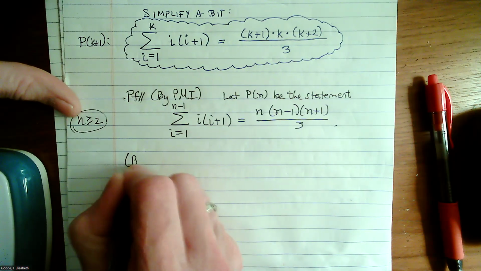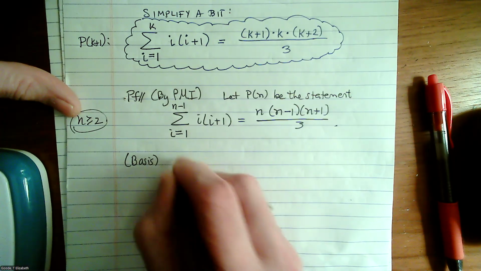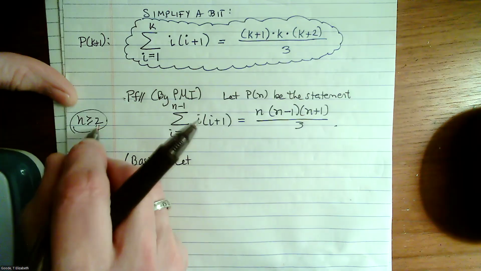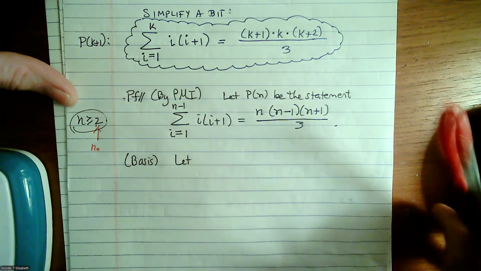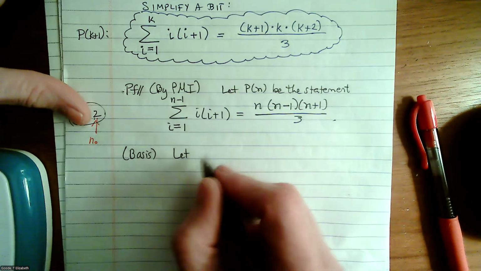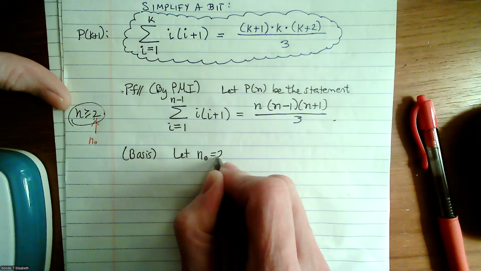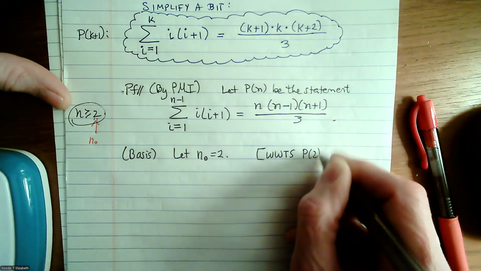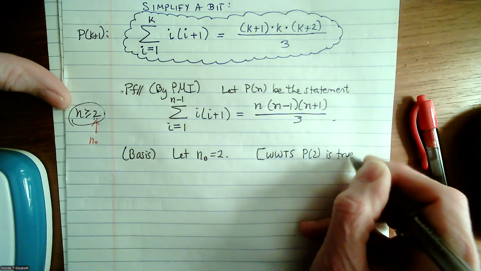So in our basis step, we let our n naught value start at that lowest level value. We have to be told what that is. Let n naught equal 2. What do we wish? We wish to show P of 2 is true.